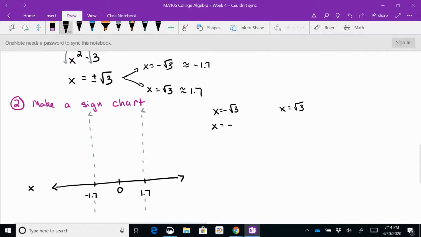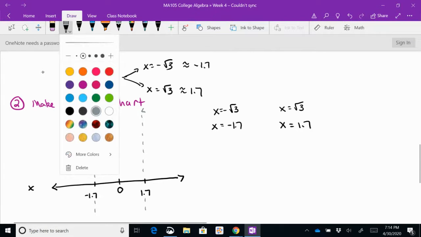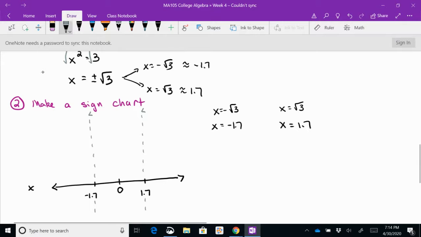So let's say x equals negative 1.7, x equals 1.7. When we make our sign chart, we want to look at these as if they are equal to 0. So we're kind of undoing the solving. I'm putting them back so that one side is equal to 0.